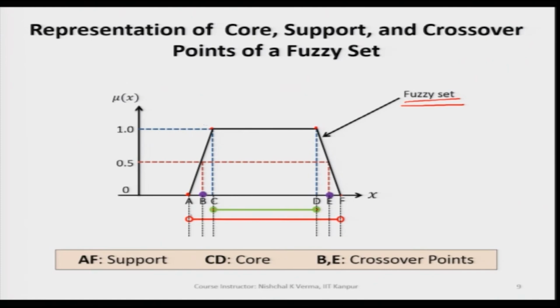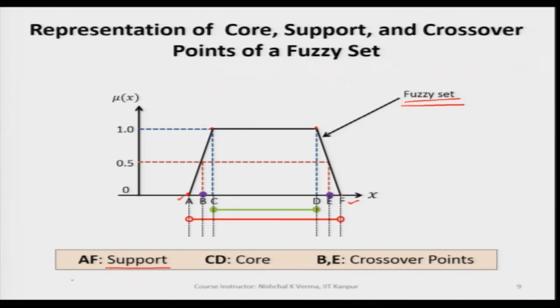So, just after A, all the points and just before F, all the points of this generic variable will be included in the support of a fuzzy set.